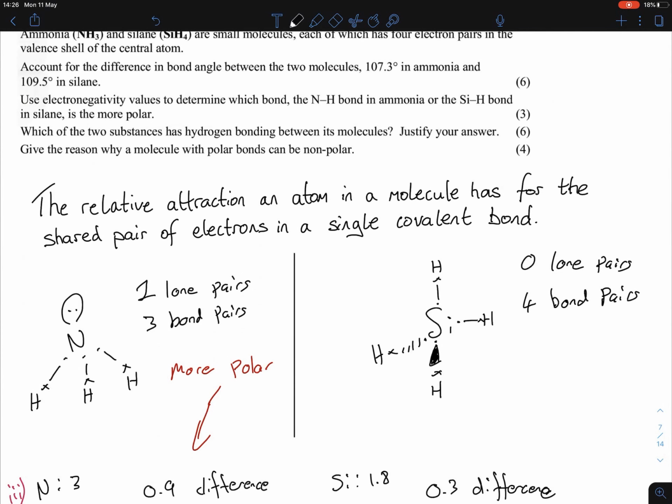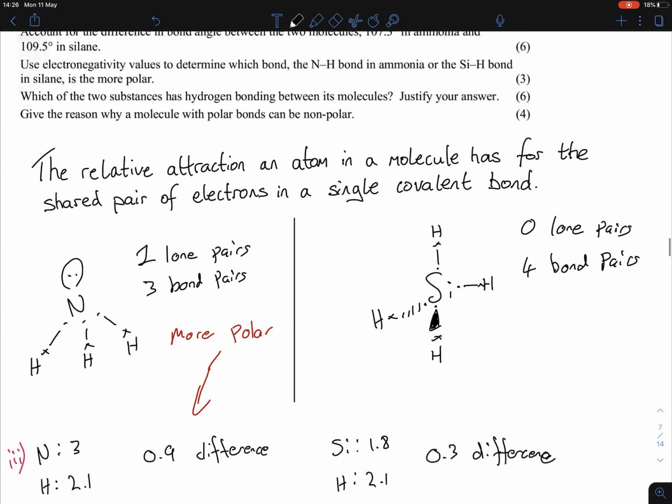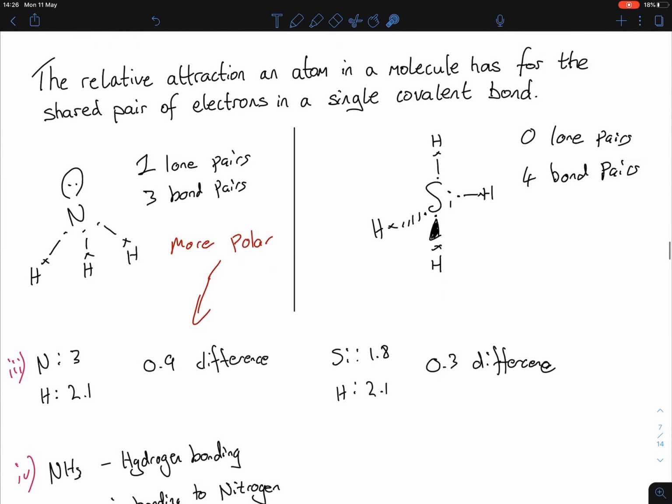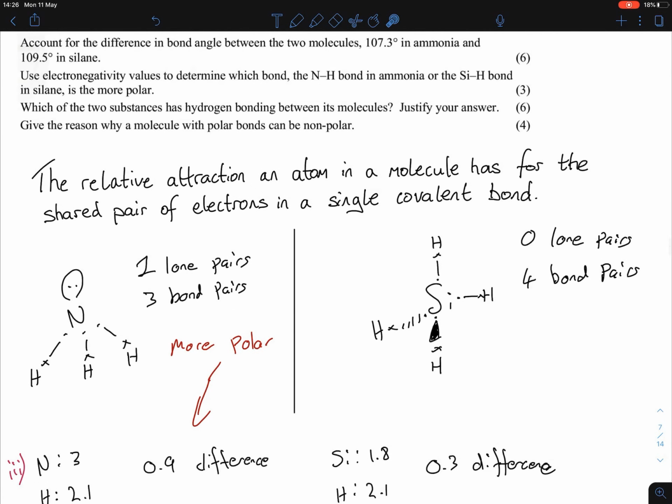And then the final one: give the reason why a molecule with polar bonds can be non-polar. This comes back to our exceptions to the rule, so you have to be careful. If it ever comes up, all you have to do is say symmetry. If a molecule has polar bonds but is technically non-polar in experimentation, it's because it has a symmetrical shape.